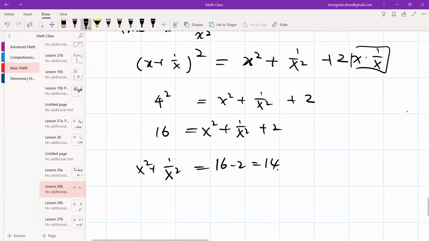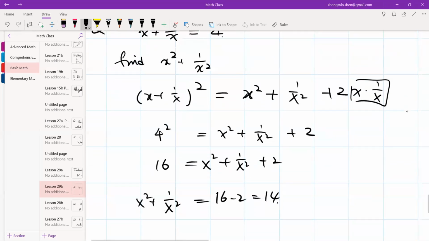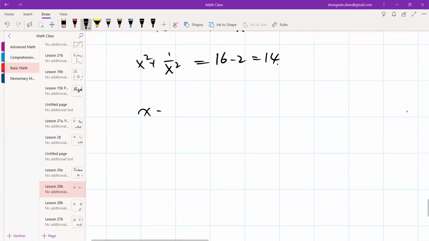You cannot guess and try. If you want to find x, usually it is a rational number. Can we get x? Let's see. How many of you know the quadratic formula? Jonathan, do you know the quadratic formula? You're supposed to know, right?